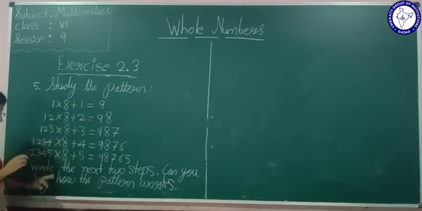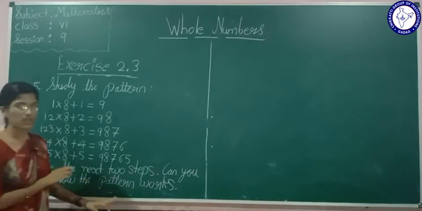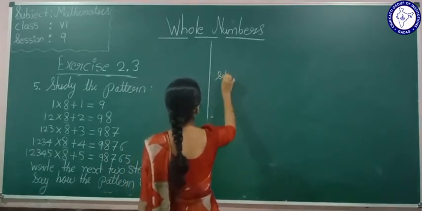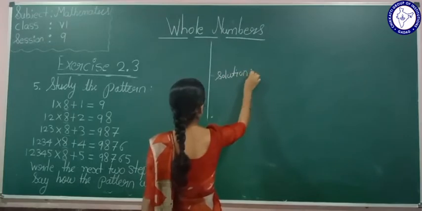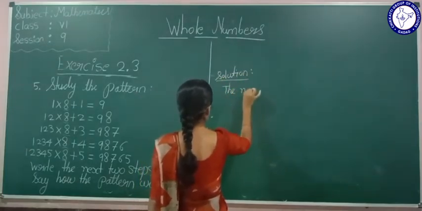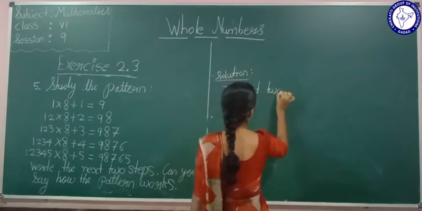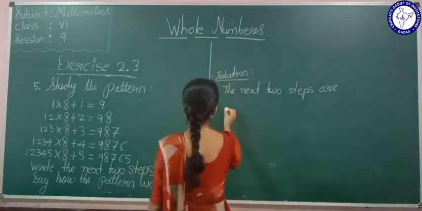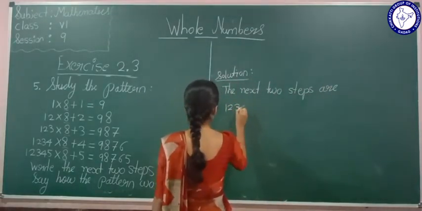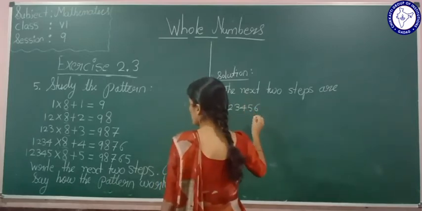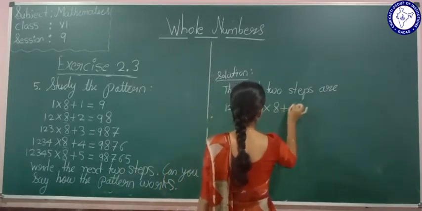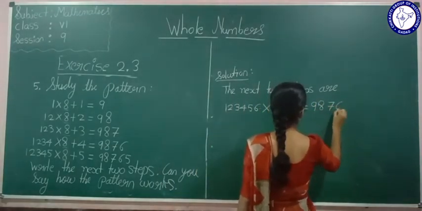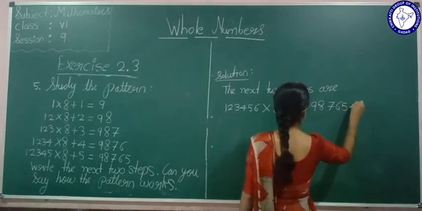Now, by observing this, write the next two steps. By observing this, what can we write? The next two steps are: 123456 multiplied by 8 plus 6 is equal to 987654.